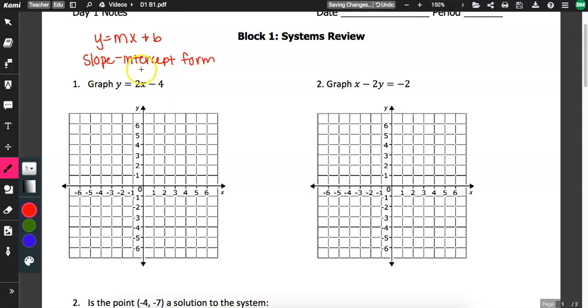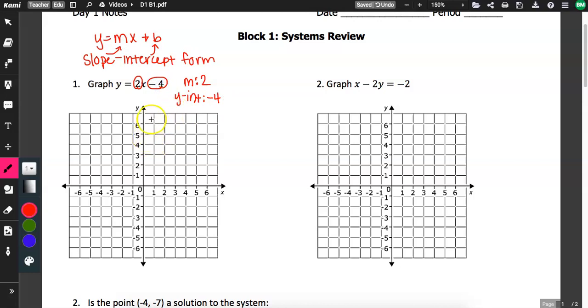And that helps us graph an equation really easily because we can quickly identify the slope and the y-intercept. So the slope is the m, the y-intercept is in the b spot. So for this equation, the slope, which we use m to represent, is 2, just the coefficient, just the number in front. The y-intercept is negative 4.